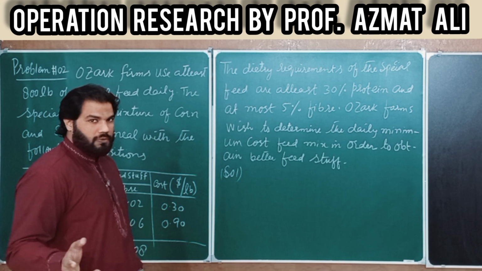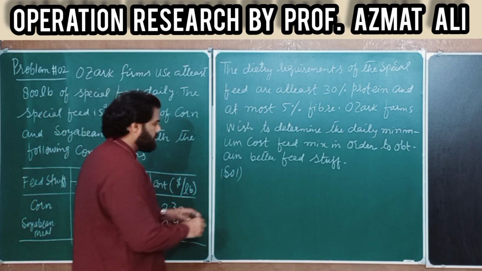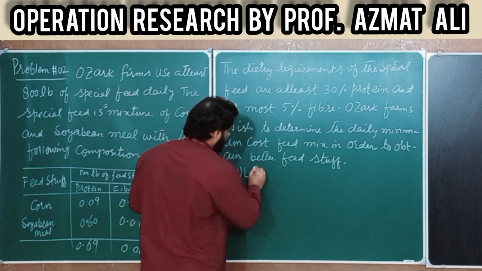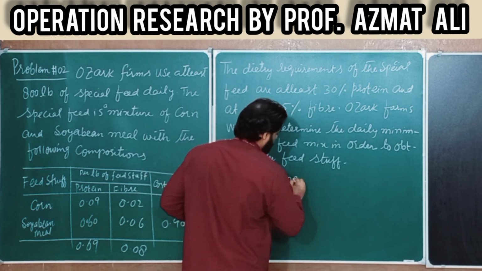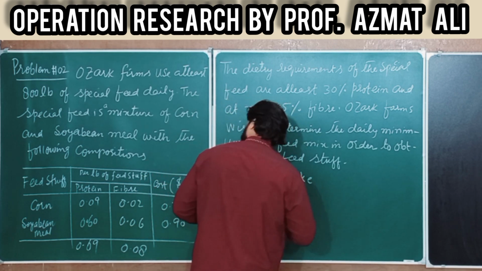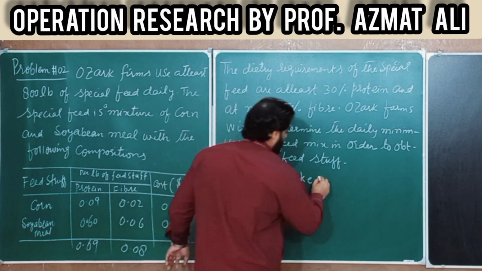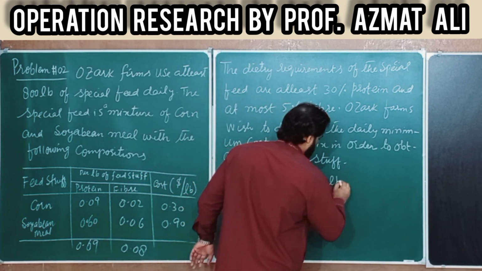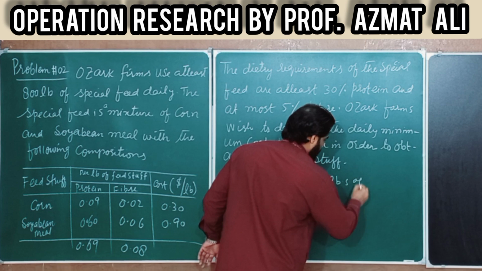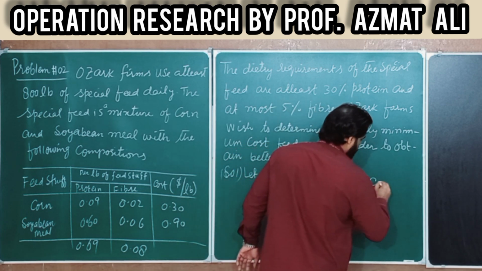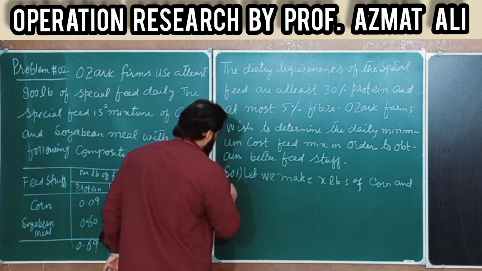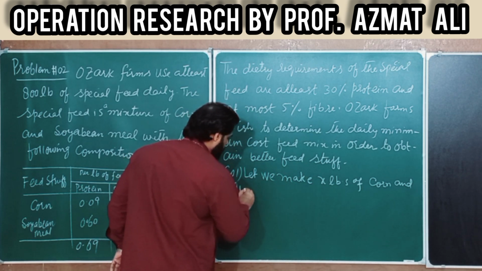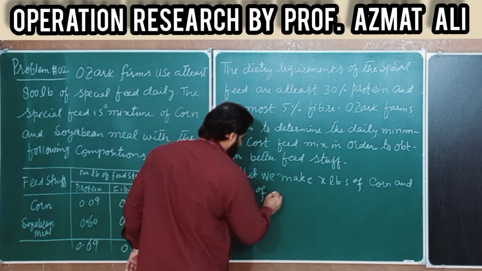Similar to question number 1, let we make x pounds of corn and y pounds of soybean meal.